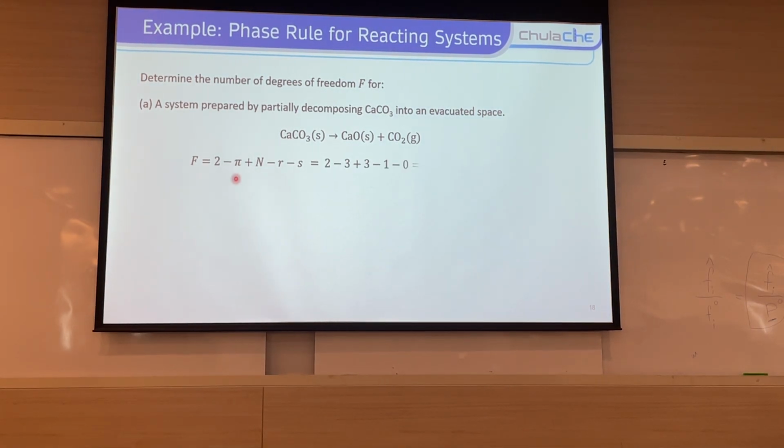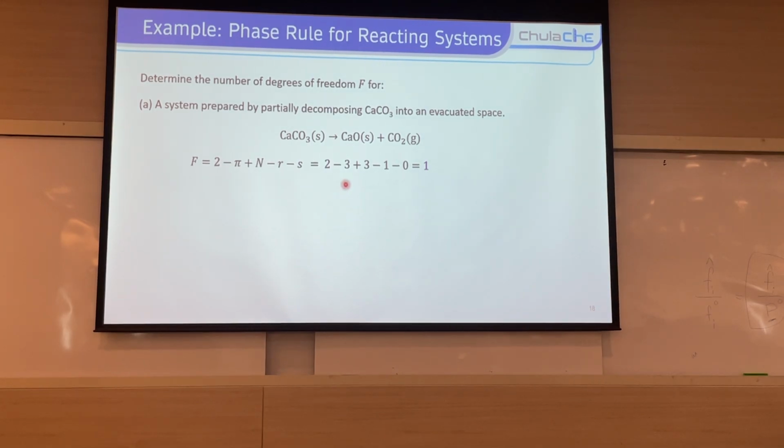You can calculate directly. Here, you have 3 phases. Do you wonder why you have 3 phases? You have solid and gas. Why do you have 3 phases, not 2 phases? Isn't it just 2 phases, solid and gas?